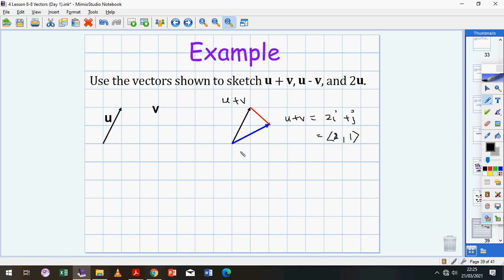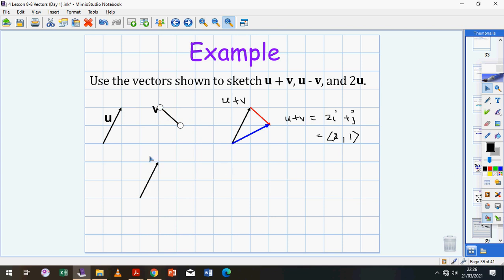Alright, if I want to do u minus v, same story. u is the way it is, so I'll just grab myself a u and plant it over here. But now v is negative. Oh, I took out the v. v was here, and it was black.